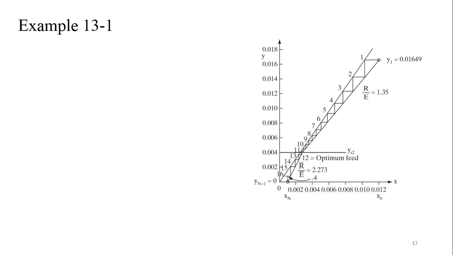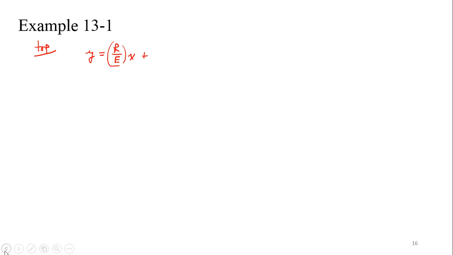Okay, this is for the top. We already know what the line should look like. It's y is equal to R over E times x plus y1 minus R over E times x naught. All right. Do we know the values for R and E?